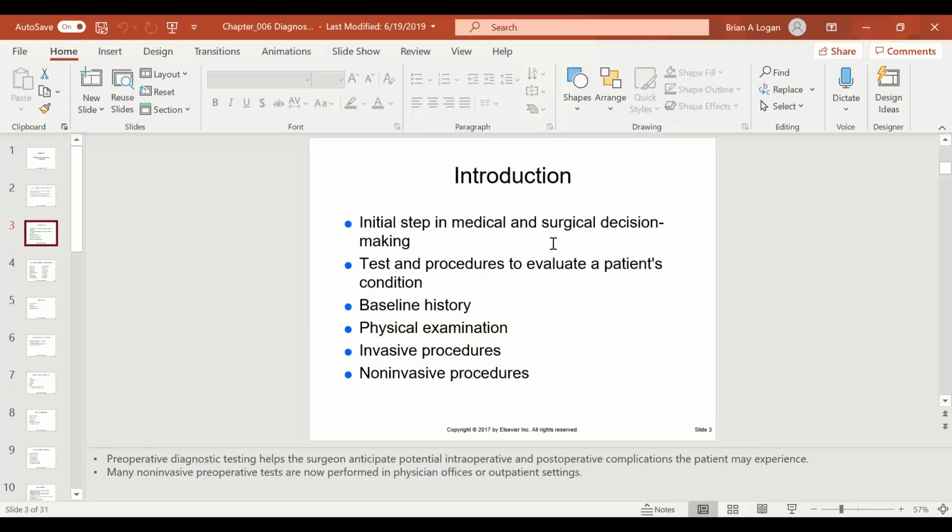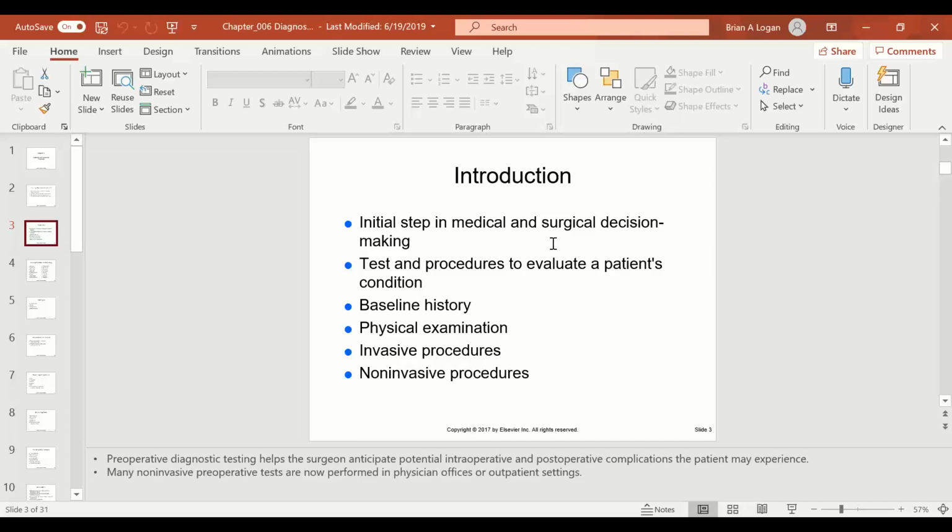The professional definition of it is that initial step in medical or surgical decision making. This is us deciding what we're going to do based on what we find from the diagnostic test. We're trying to evaluate that patient's condition.